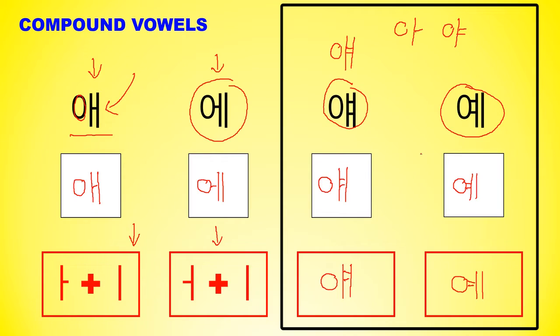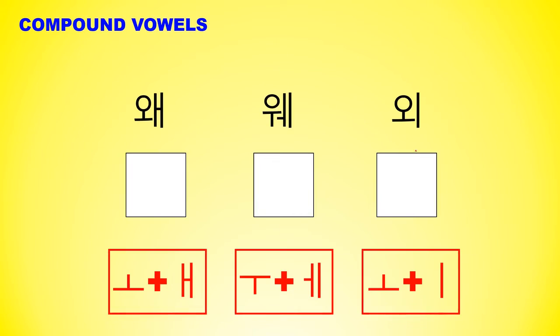Okay, let's move on to slightly more complicated compound vowels. Now, for all the characters that we've learned so far, we have only learned two kinds of orientation, right? Your left-to-right orientation with your consonant on the left-hand side and your vowel on the right-hand side, and your top-down, right?